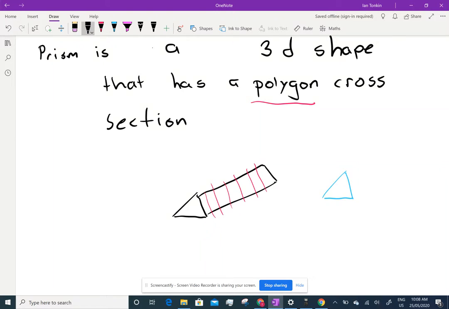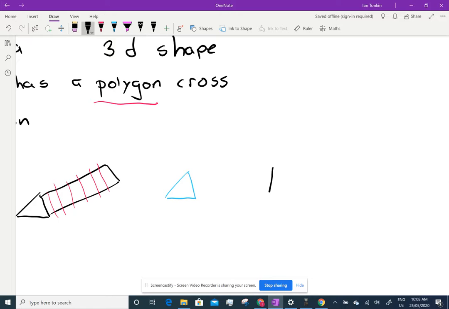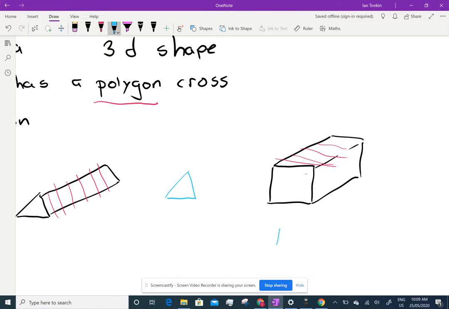If you had a box of tissues, so a standard box of tissues. Now this has 3 cross-sections, so you can slice it this way, and if you cut down that line, you'll get squares.